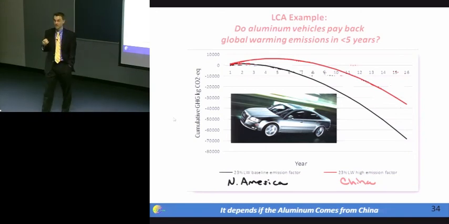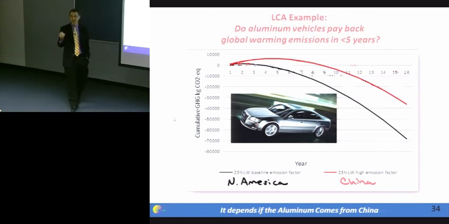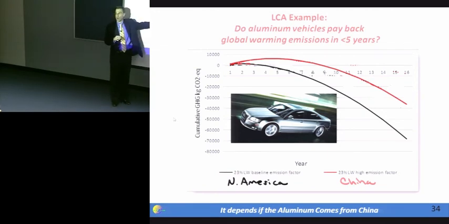Right? It depends on the electricity sources and the technology used to make the aluminum. That's the key factor. Okay? So in different parts of the world, there are different emission factors on average. And clearly within a country, there are variations also.